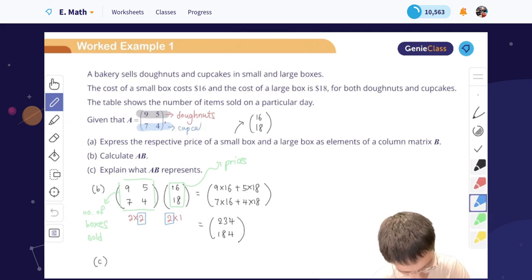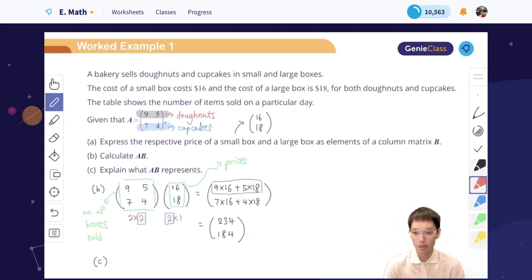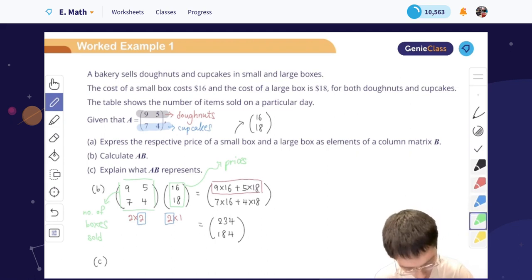So if I multiply AB, what do I actually get? I take the number of boxes sold times the prices. You realize what I've been getting? Look at this entry closely, and it will be clearer. This tells me what? This one is the small box of donuts sold.